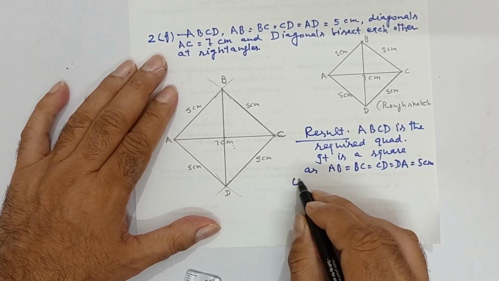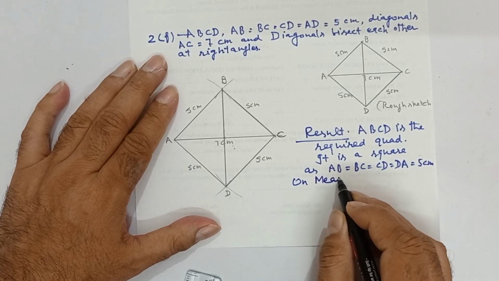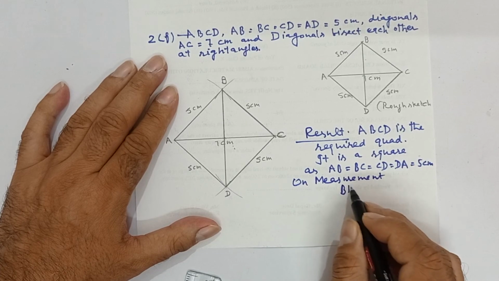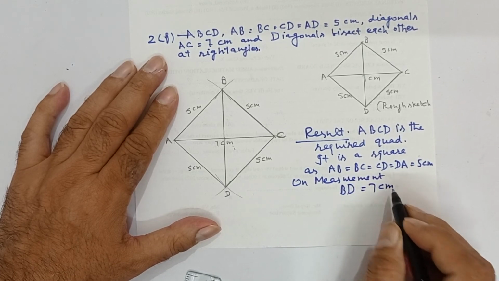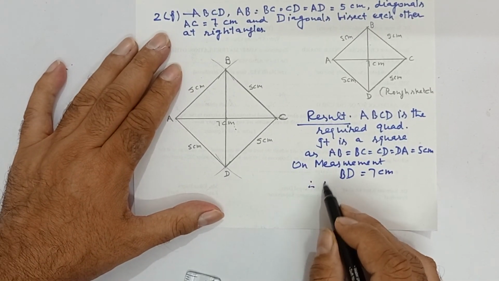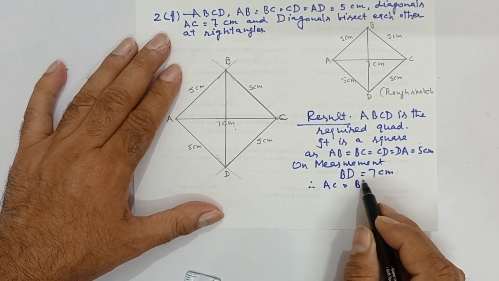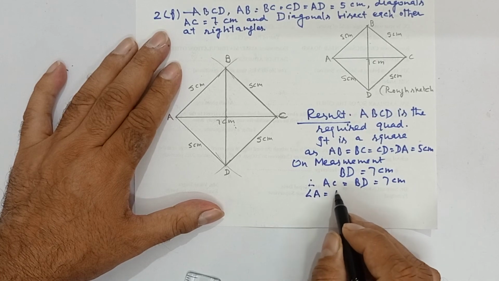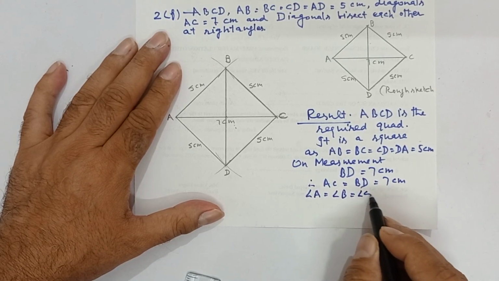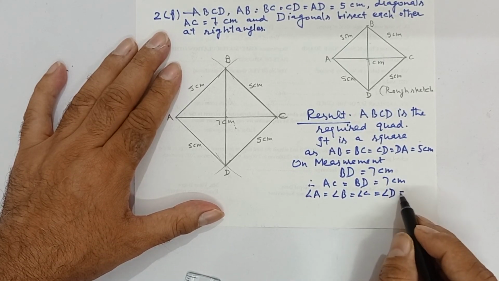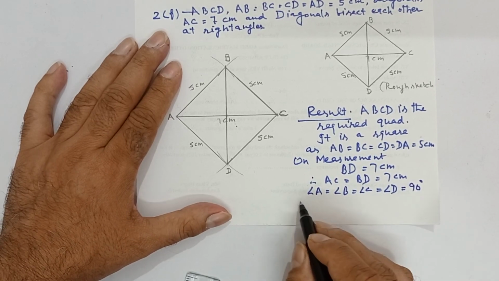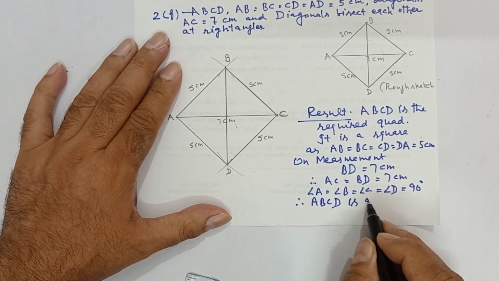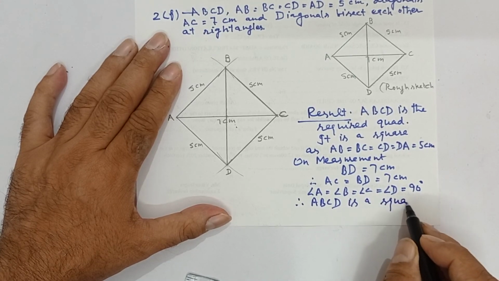Even on measurement, we have found that BD is also equal to 7 centimeter. So therefore AC and BD both are 7 centimeter, means diagonals are equal. And when we have checked, we are getting angle A, B, C, D all are 90 degree. So therefore it is satisfying all the properties of square. So ABCD is a square.